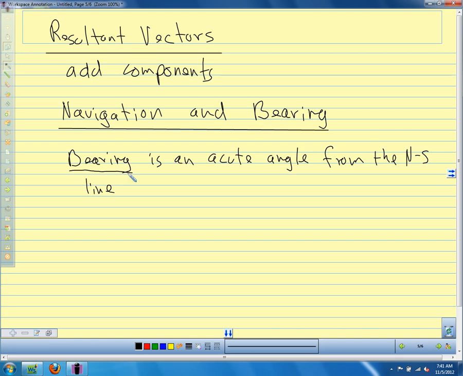And the direction indicates the line of sight or the direction of travel. So for example, a bearing would be something like north 30 degrees west.